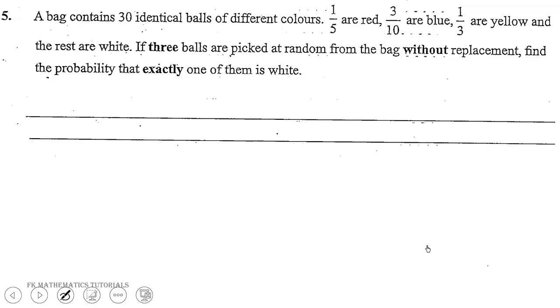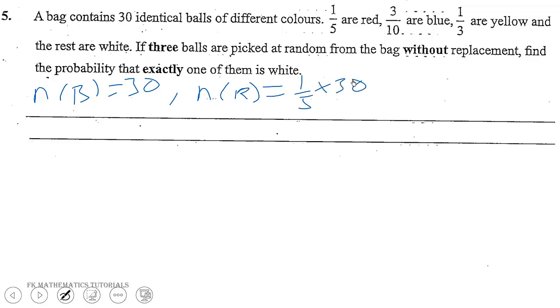red balls. So we have the total number of balls to be 30. And we're told that the number of red balls is 1 over 5 times 30, which is equal to 6.